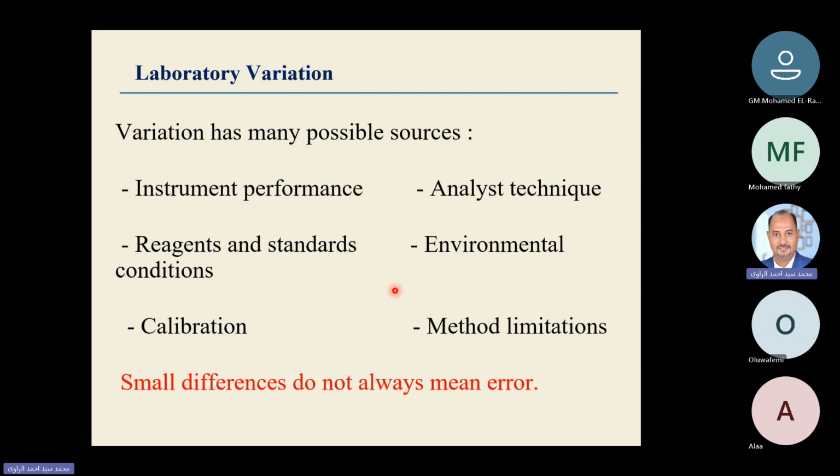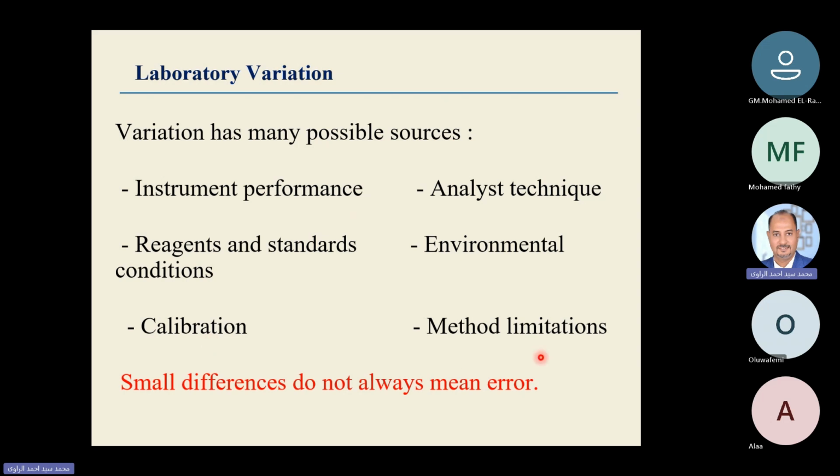Also from the environmental conditions: maybe the weather is very hot, or there is humidity that affects our results. Also the calibration: we should calibrate our instruments if there is any issue in the calibration. So this is why we have a variation in the results.